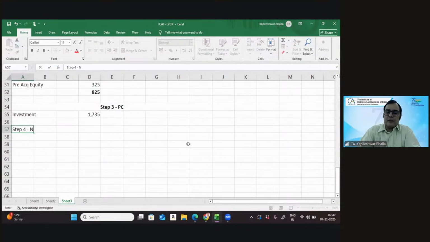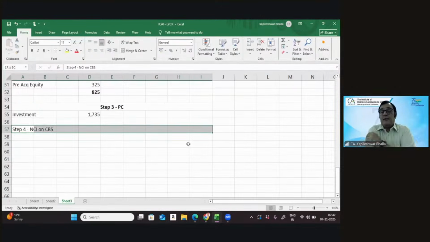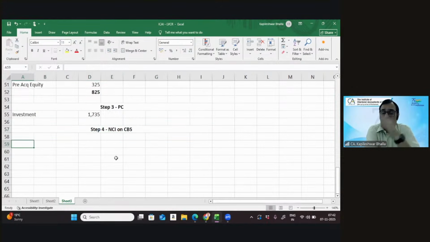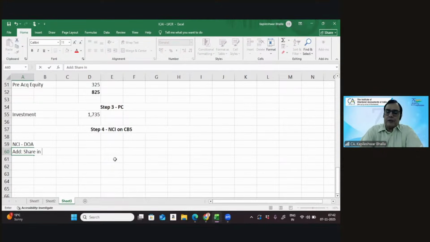And the step number 4 is the calculation of the NCI on the consolidated balance sheet date. Now, when you're calculating the NCI on the balance sheet date, you need to keep your focus points clear. We need to first of all get the NCI on the date of acquisition, and to this, we need to add the share in post-acquisition profits.